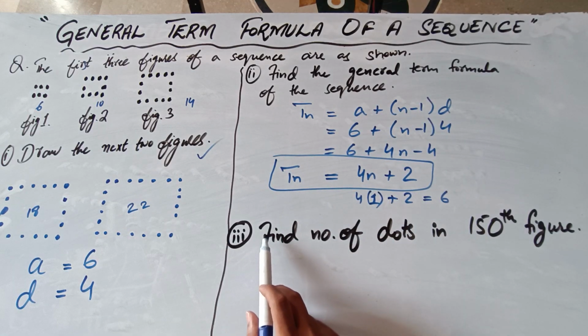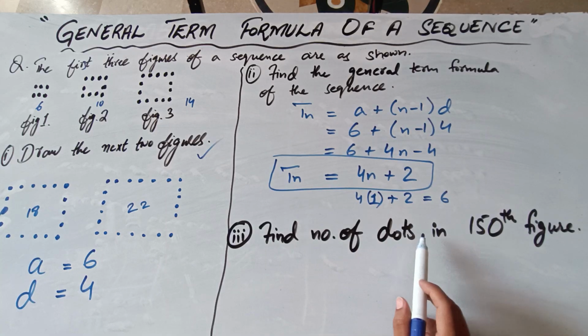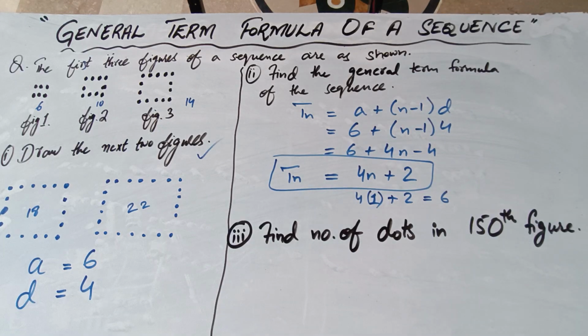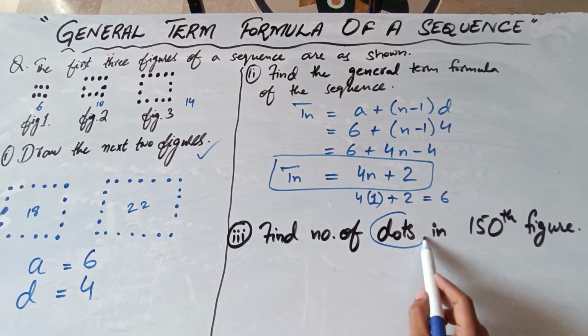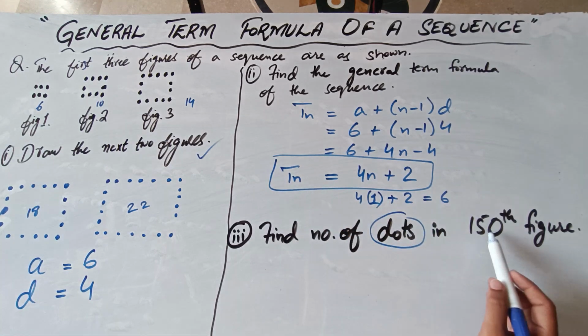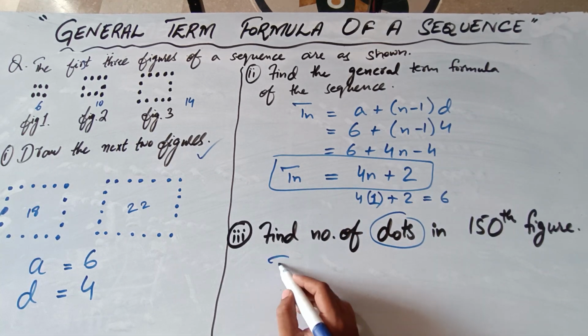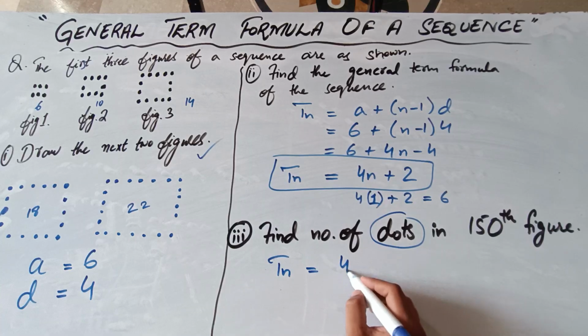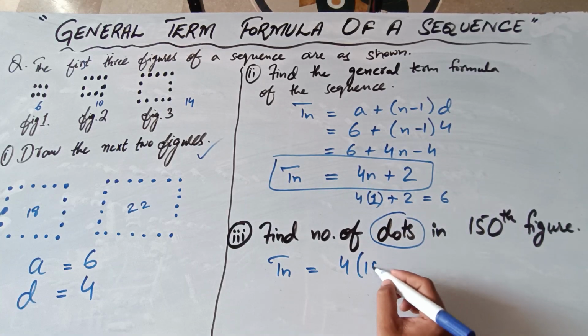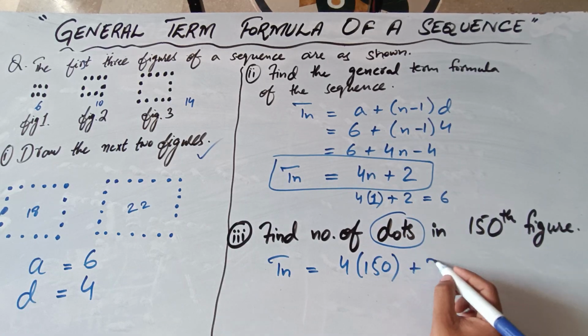Now let's read the third part. Find the number of dots in the 150th figure. Number of dots means we need to find Tn for the 150th figure. So Tn is equal to 4 times 150 plus 2.